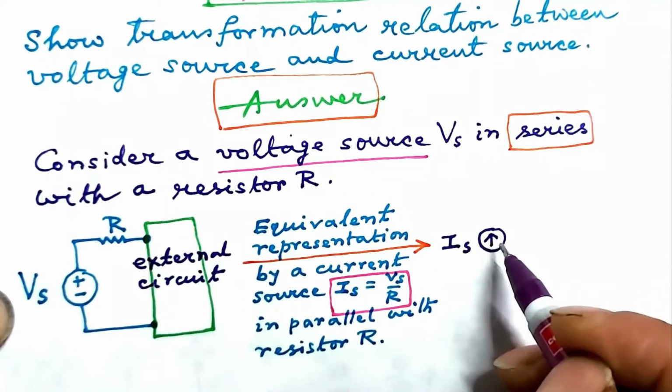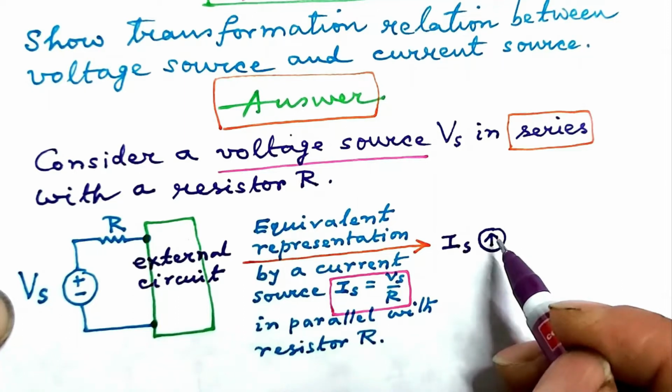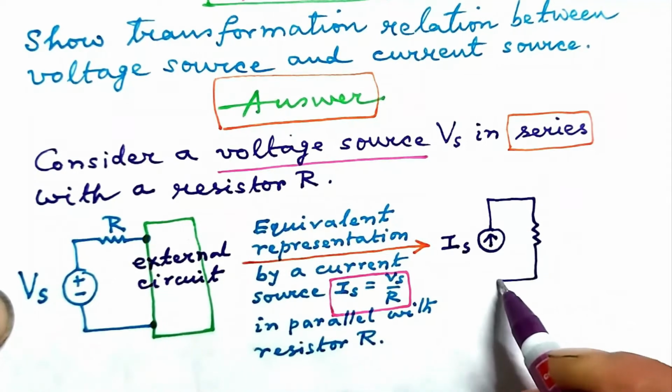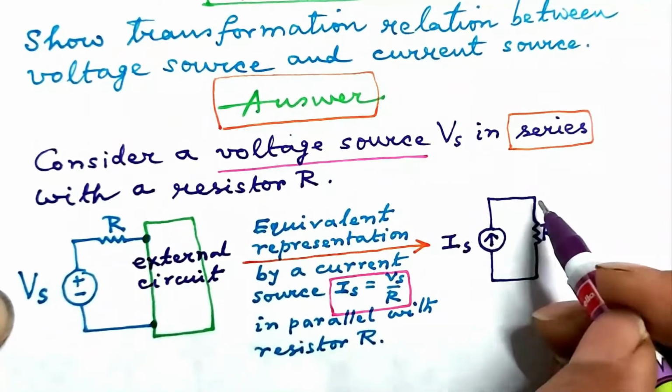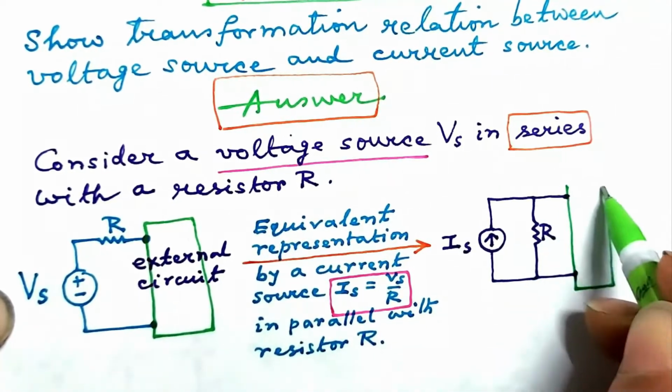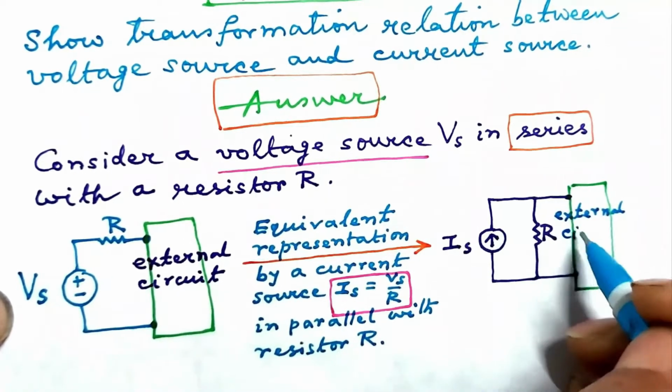This is Is, the current source, denoted by a circle with an arrow. The direction of the arrow indicates the flow of current from it. Since the voltage source Vs has positive at the top, the arrow of the current source Is will be upwardly directed. This resistance R is in parallel to Is, and the two output terminals are connected to the external circuit.